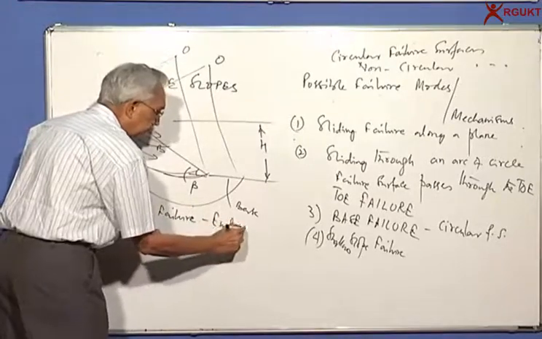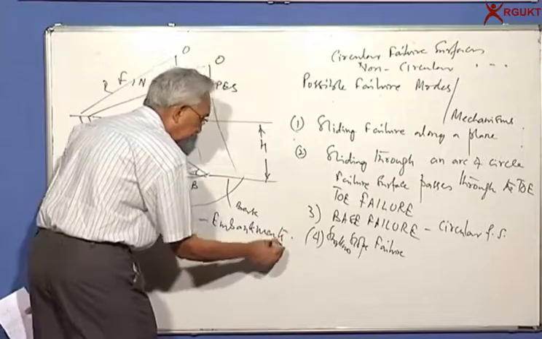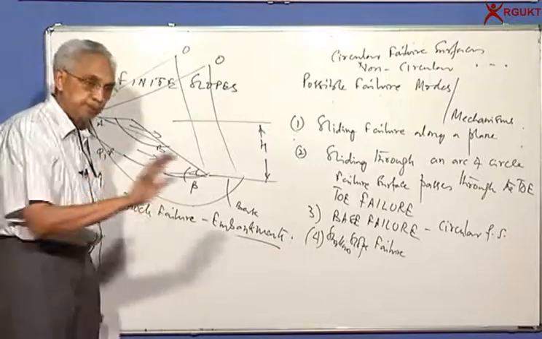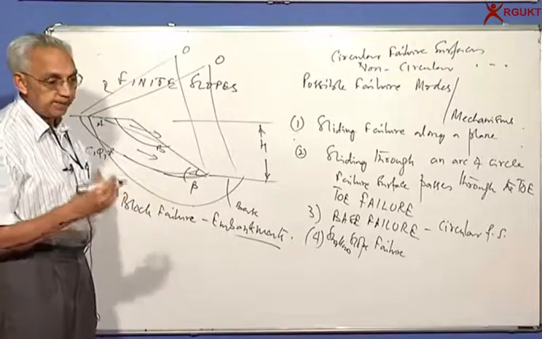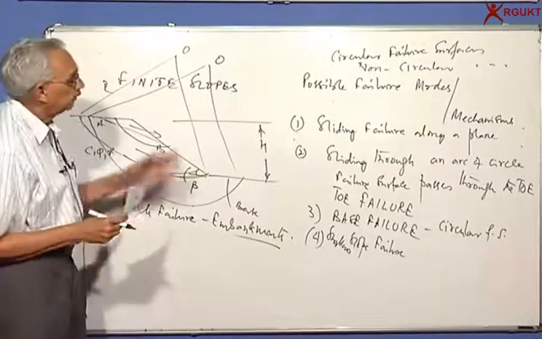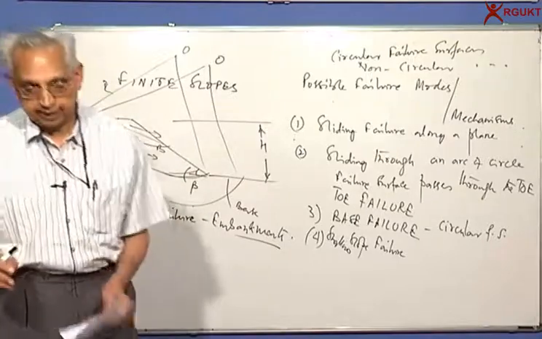We'll come back to that later when we study embankments on soft ground. In that case, the block will be moving, being pushed by soil on one side and resisted by the soil on the other side. So let's look at this in the next class, various failure modes and how to calculate the factor of safety.